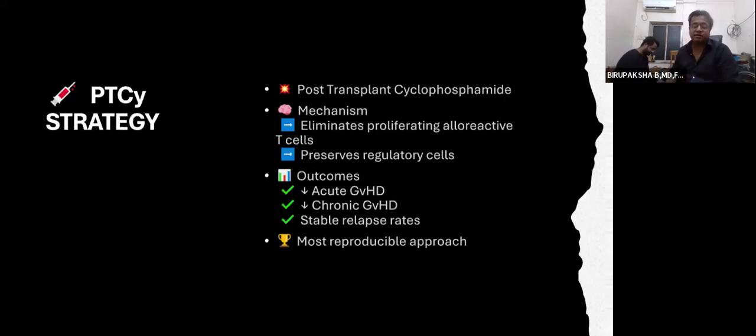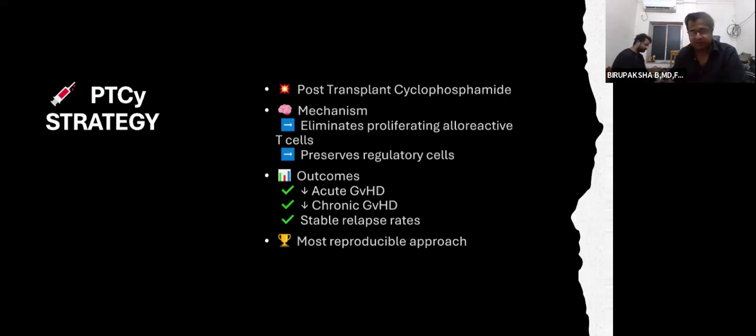But let me tell you, this is the point where my studies have differed totally. Cyclophosphamide must be given, as far as I have seen, post-transplant, post the procedure, or post engraftment. Yes, that is the checkpoint where you need to put it.